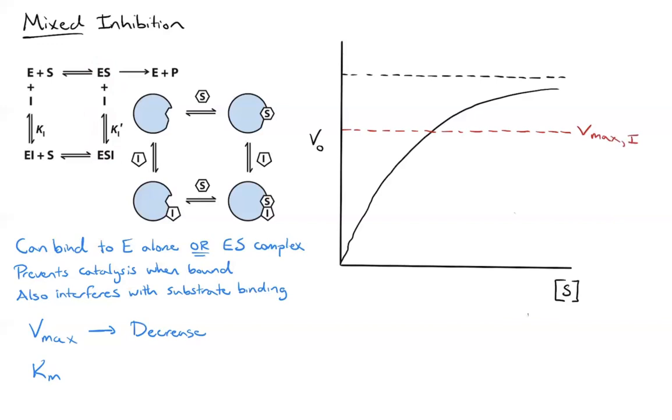Now, as I said here, the effect that Km is going to experience is going to be different depending on the situation, right? If we have a situation that's more like an uncompetitive inhibition case, where the equilibrium and the rate of inhibitor binding is greater when the substrate is already bound inside the complex here, then we're going to have a situation very similar to what we were looking at with uncompetitive inhibition.